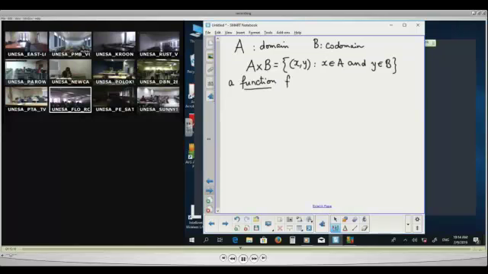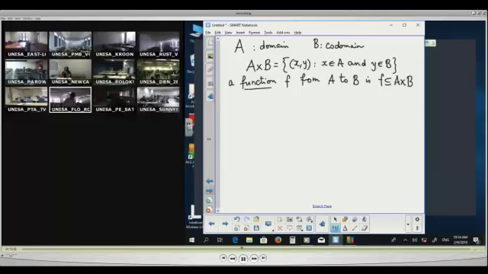It is a subset. Right? Subset. Where now I have to think a little more. The first thing is, every input must have an output.